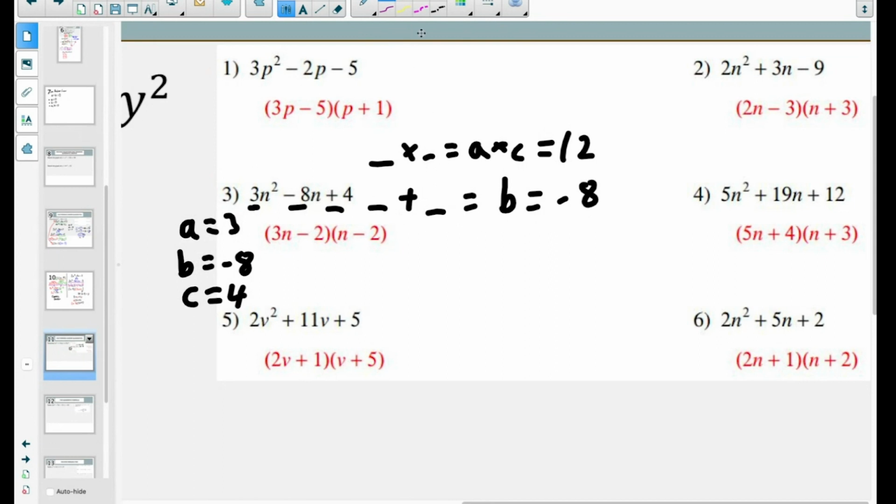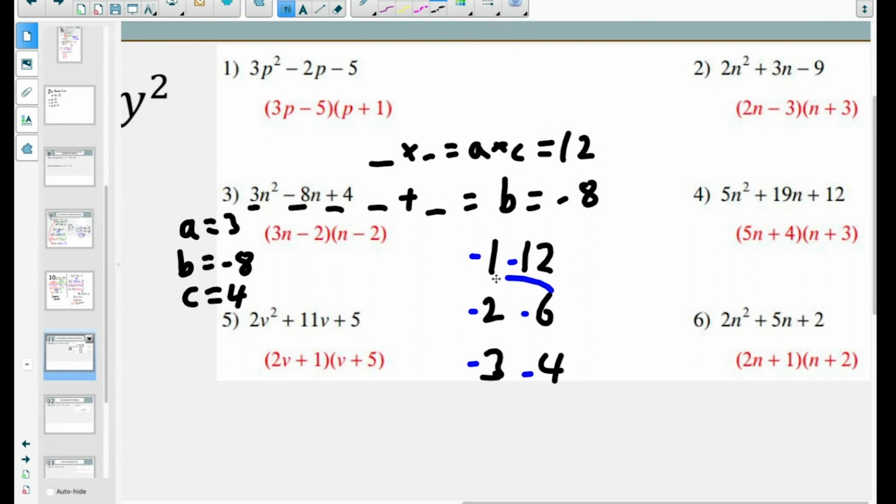Let's go ahead and list our factors of 12. 1 times 12, 2 times 6, and 3 times 4, all multiply to give me a positive 12. Now again, like in the previous example, we have a negative sum here, which means that we need to put negatives on both sets of factors, because if we have two negatives, they multiply to give me a positive 12, but we need a negative sum here.